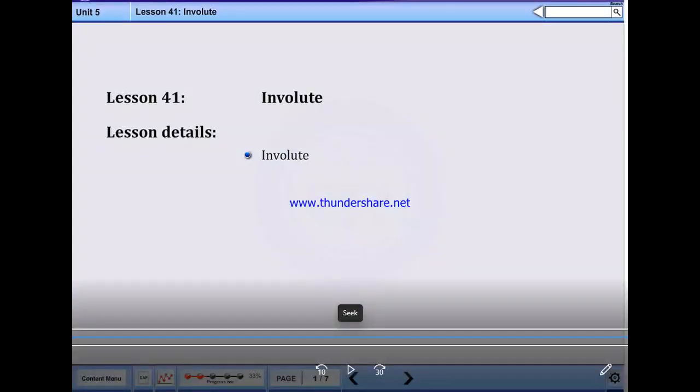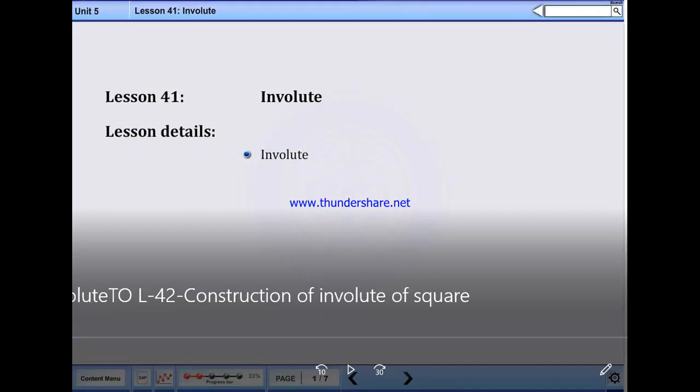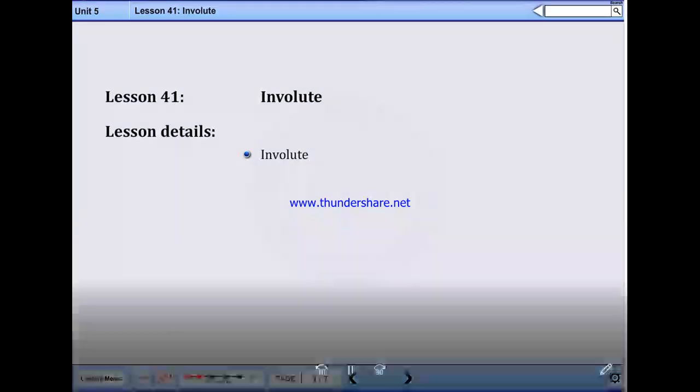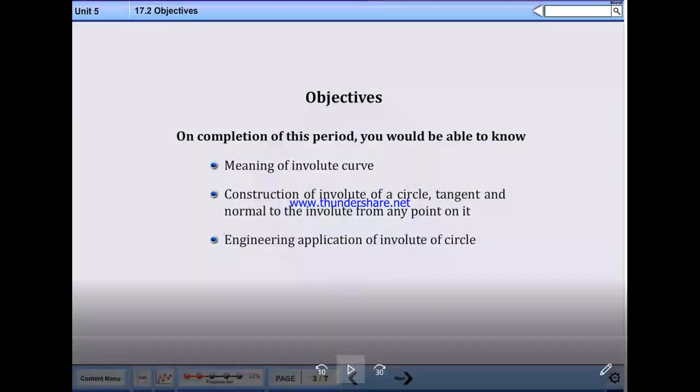Now the next topic is involute. Now involute can be constructed with the following data, and recap the previous one. After completing this topic, you may be able to learn the meaning of involute curve, construction of involute of circle, tangent and normal to the involute from any point on it.